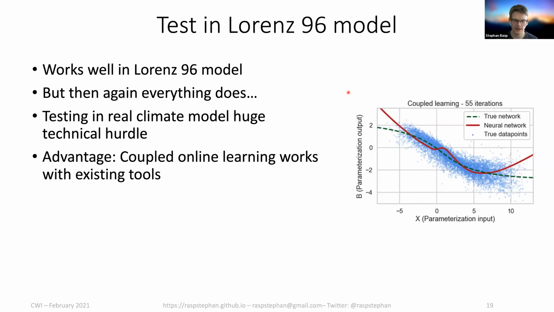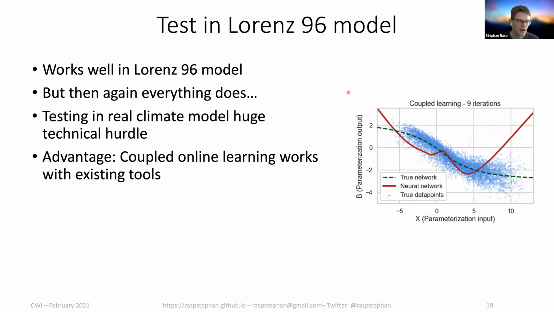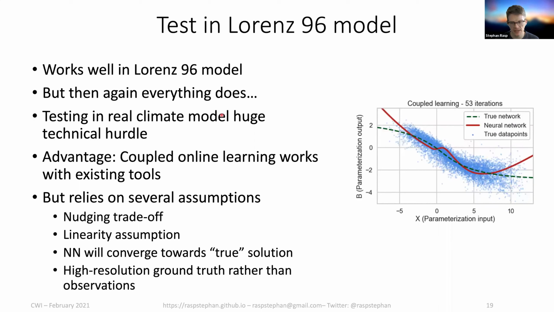Now, thinking about what's good about coupled online learning is that we kind of have everything to make this work. It's a technical challenge, but basically it requires coupling two models together, but it's totally doable. But there are also several assumptions that this method relies on, and the first is this nudging term that you introduce.